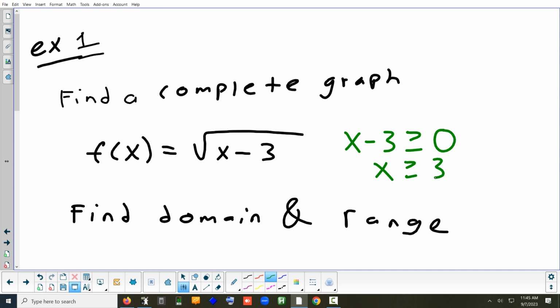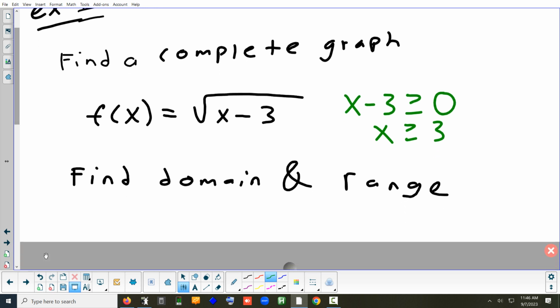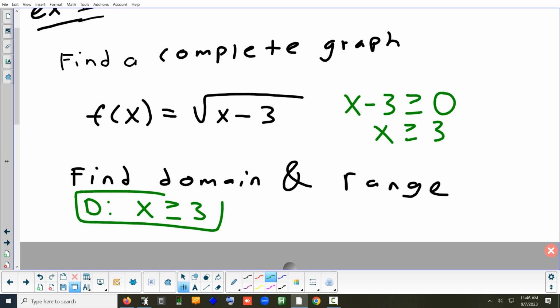That's your domain right there. Your domain is the numbers you are allowed to plug in for x. So when they ask you to find the domain, I usually do D for domain. And there you go. That's your domain.